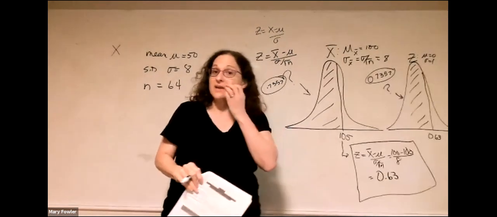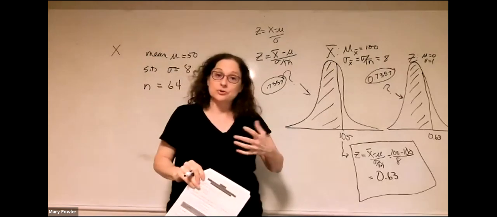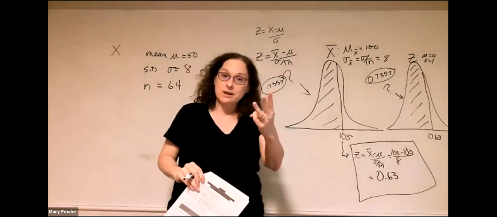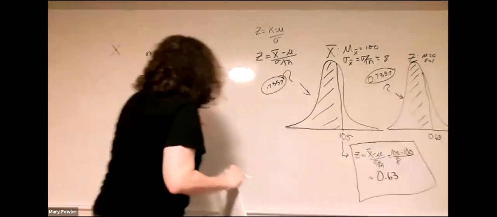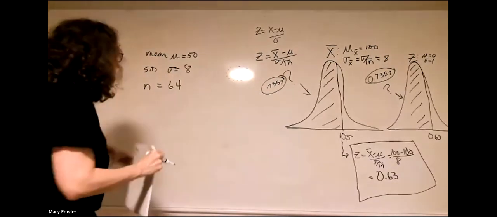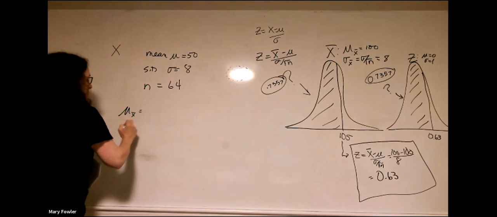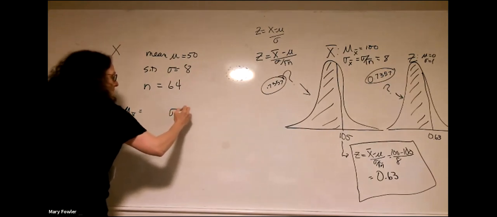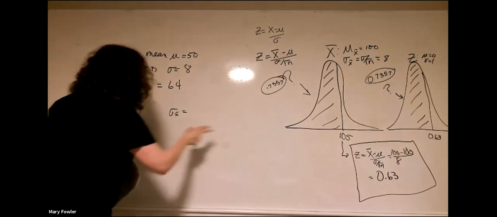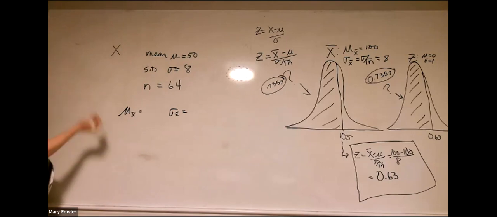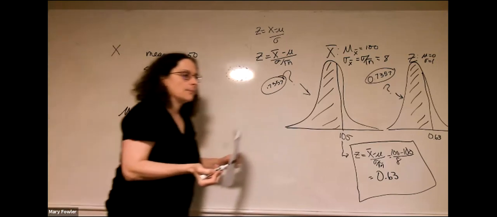We always say when we're describing distributions, we need center, spread, and shape. So that's just what we need here. We're looking for center, mu sub x bar, spread, sigma sub x bar, and shape: is it normal, is it not normal?